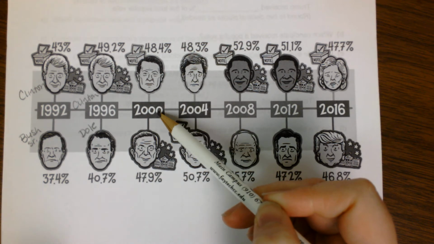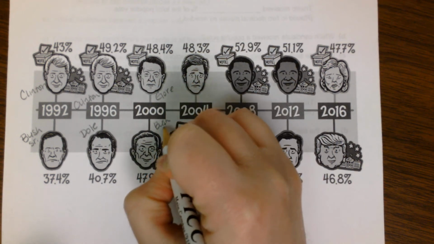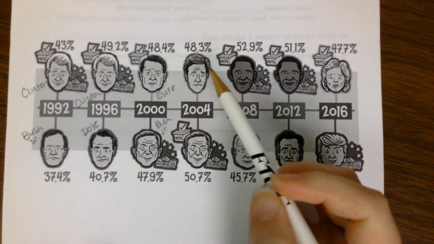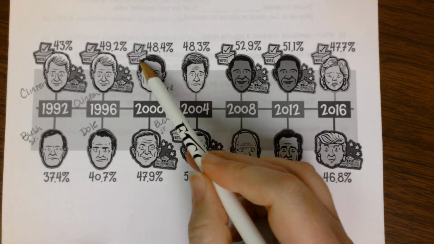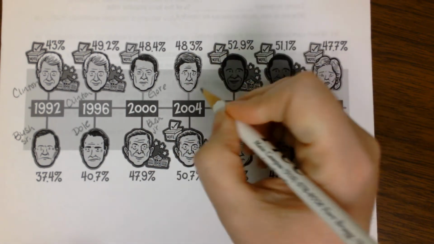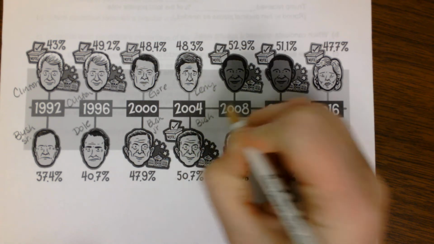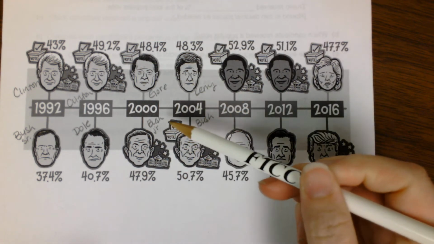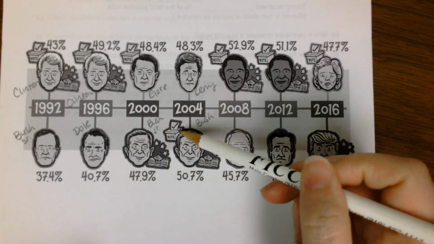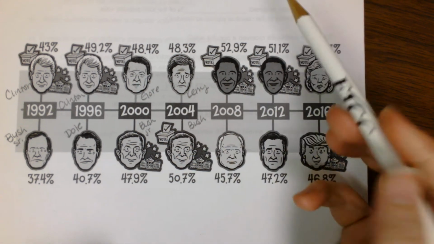In 2000, we have Gore and Bush Jr. Gore won the popular vote, but Bush won the presidency. And then we have Kerry versus Bush again. This time Bush won the presidency and the popular vote. So he lost it in 2000, but then he won it in 2004.